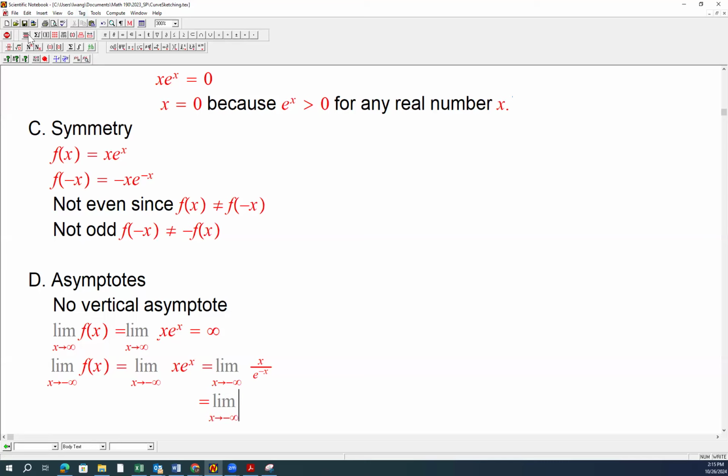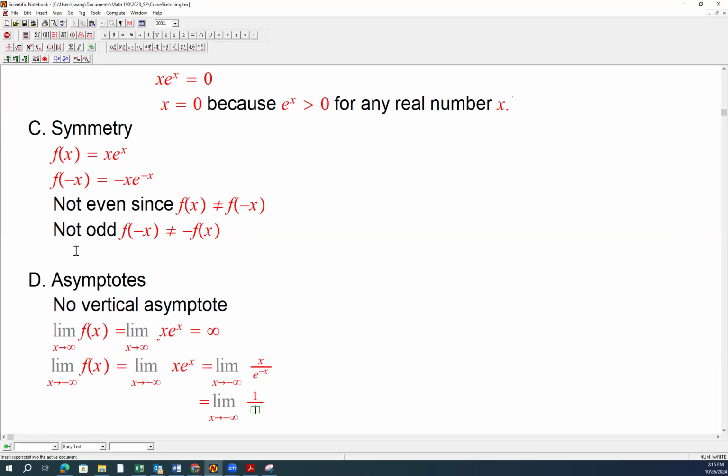Okay, and the derivative of the top is 1. The derivative of the denominator, we're going to use a chain rule. When we use the chain rule, what do we get?